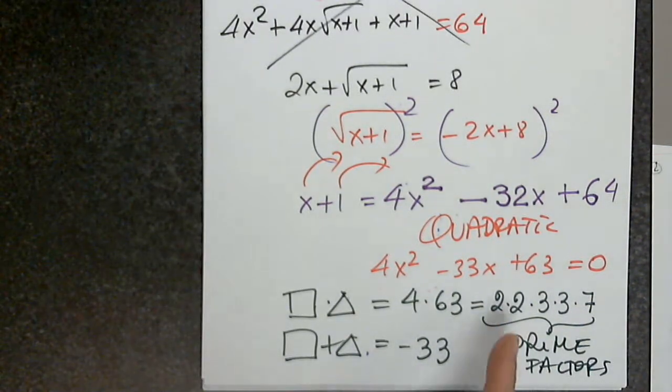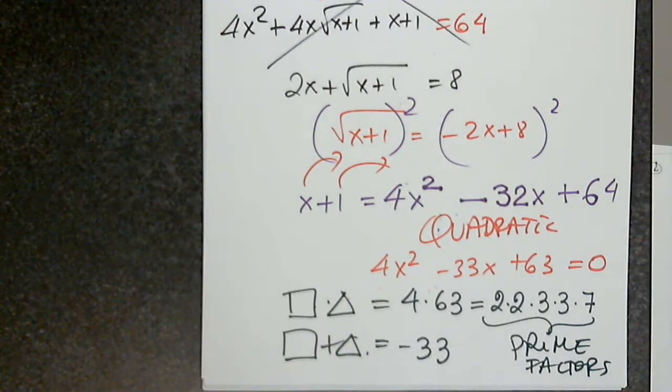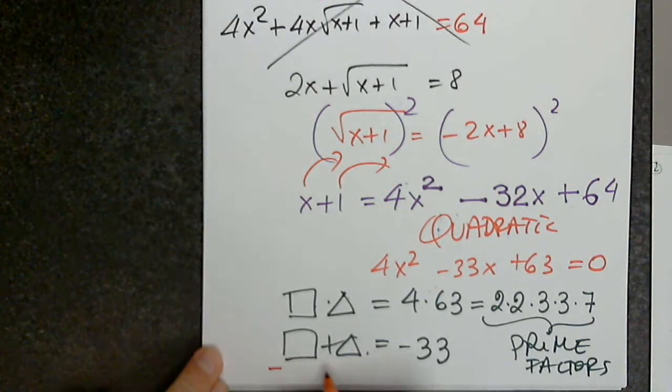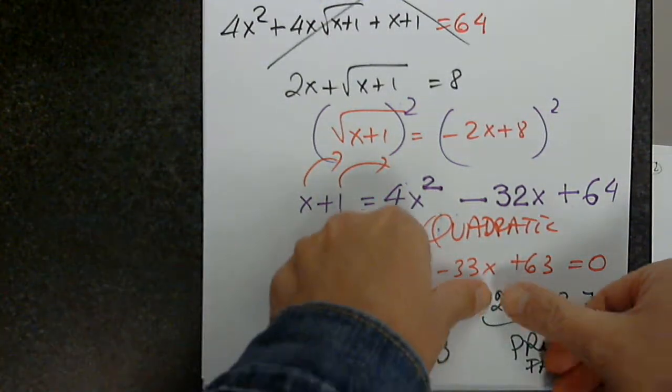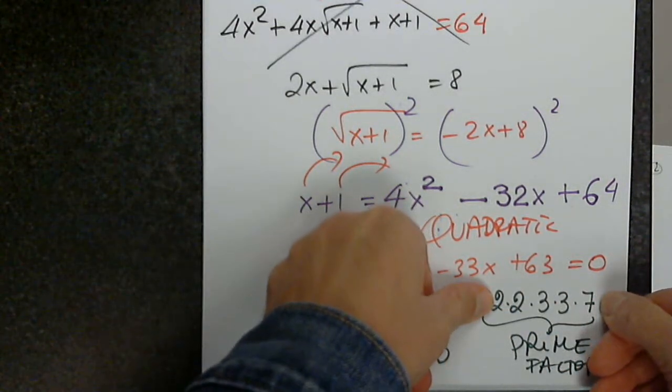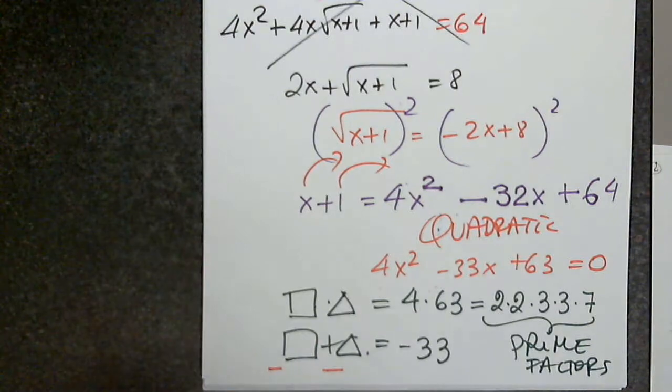Since the product is positive of these two numbers and the sum is negative, what sign should those numbers have? The product positive, the sum negative. Very good. Both must be negative, no question. Good. So now let's try and use all these factors, all of them, and come up with two numbers only whose sum is negative 33.